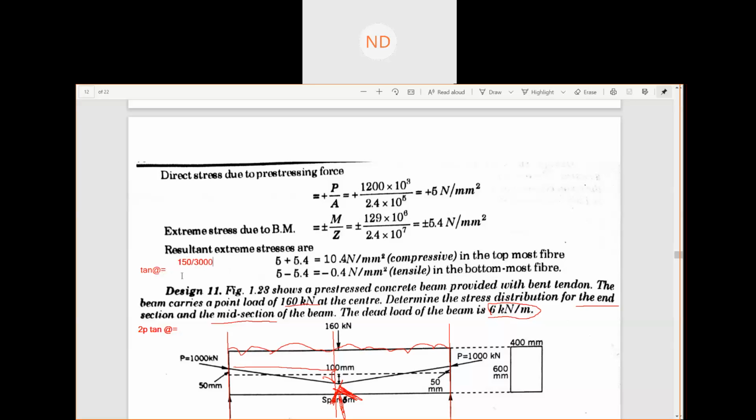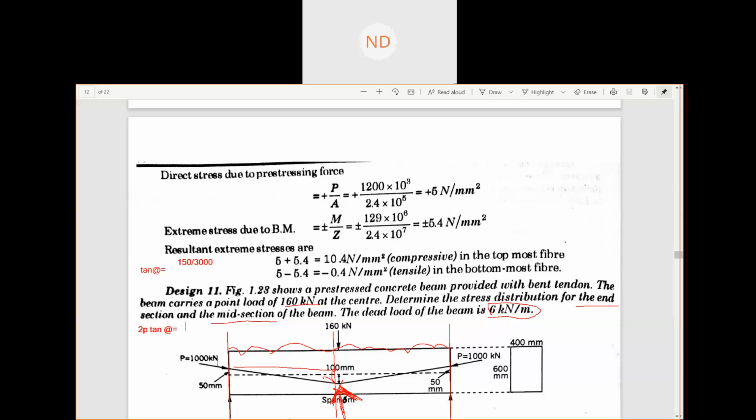You will find out the value. Then you can find out 2P tan theta. Once you know tan theta from this figure, in the bend tendon, P is already known to you: the pre-stressing force of 1000 kilonewton. What is your 2P tan theta now?